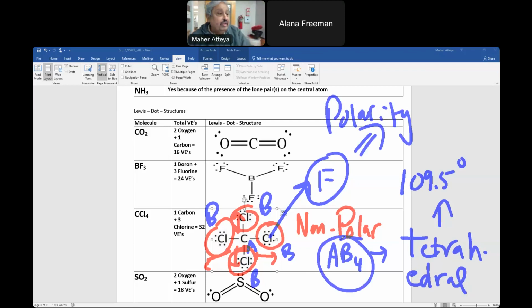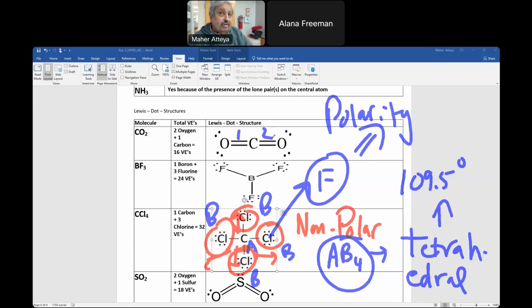The shape here will not change. AB4, regardless of whatever you have, fluorine, whatever the atom is, you look at the group. Any atom can be a group, correct? Now we have to look at the zones. The zones or units are the number of single bonds, double bonds, triple bonds or lone pairs. So here, how many units, groups or zones? 1 and 2.